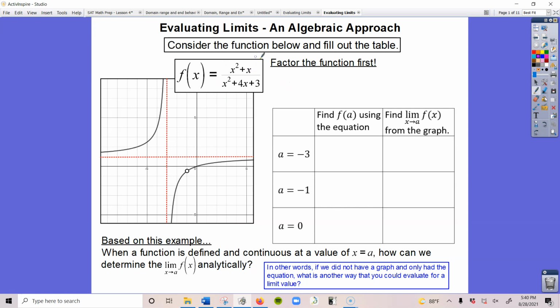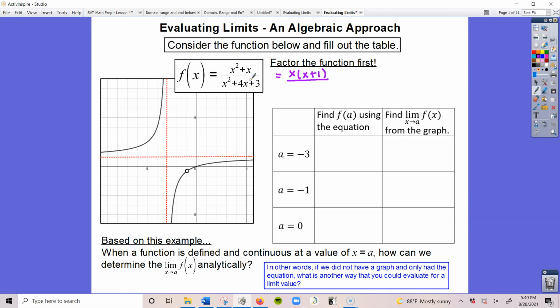We have this function, and for this first one, I'm giving you the graph so that we can verify our answers and see if we can develop some type of relationship. So we have the function f of x is equal to x squared plus x over x squared plus 4x plus 3. Let's go ahead and factor that function so we can simplify it. In the numerator, we can factor out an x, and we're left with x plus 1.